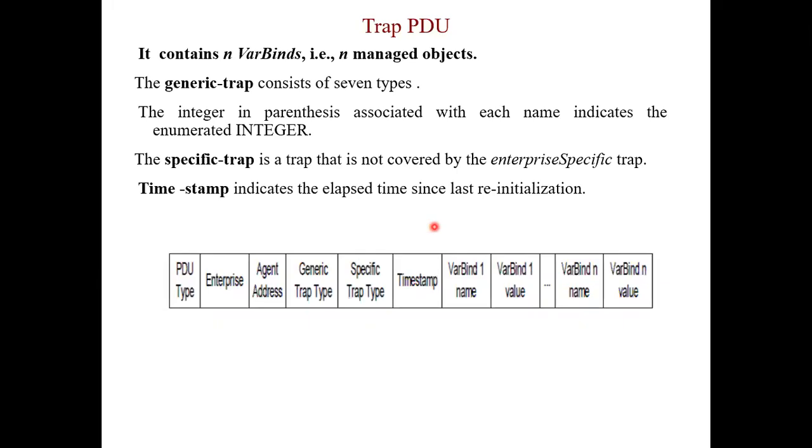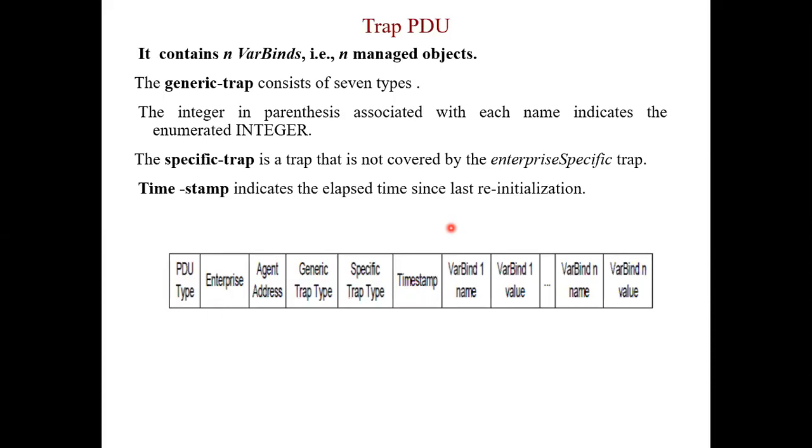So if the agent keeps on sending the trap message, again it is going to utilize that capacity. There might be a situation where the agent wants to tell that many things have happened at the network end, and he has to constantly send the trap message.